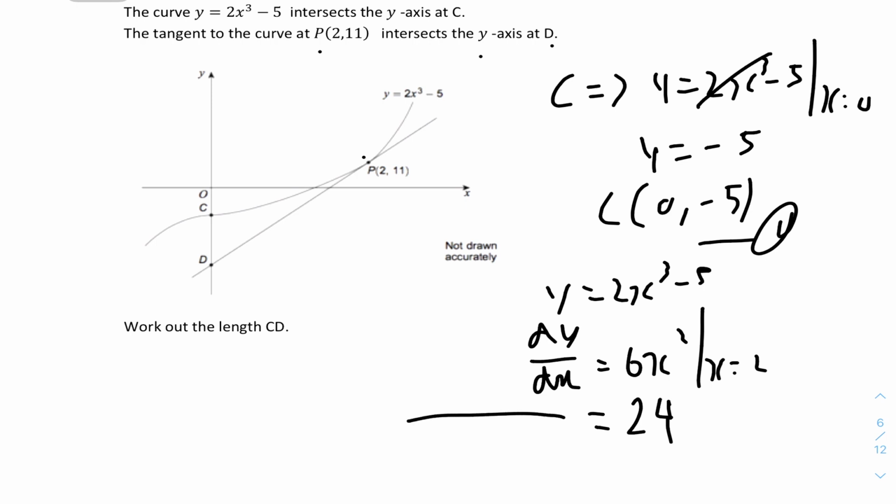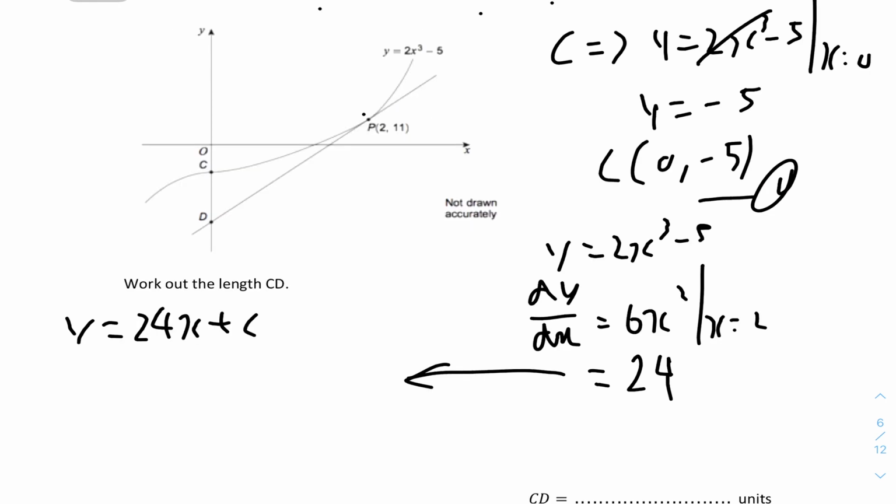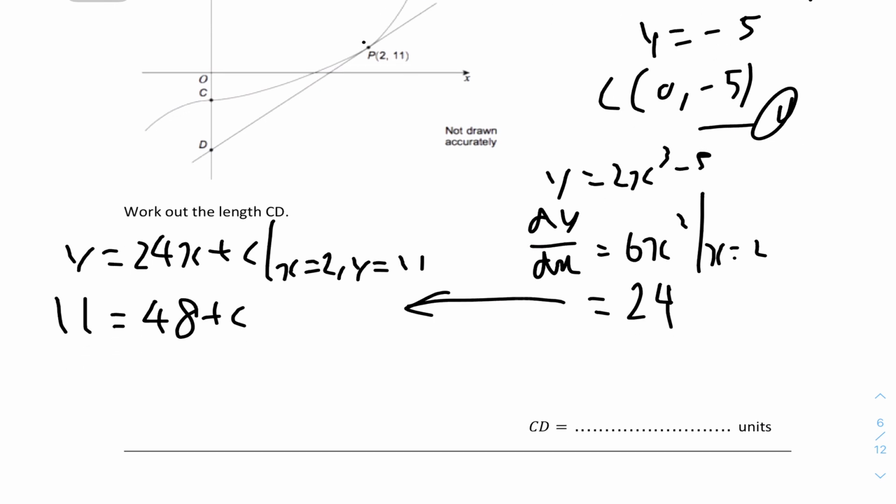So we have another equation: y equals 24x plus c, where x is 2 and y is 11 to find the c value. So 11 equals 48 plus c. Therefore you subtract 48 from both sides to get 11 minus 48, which is minus 37. So c equals minus 37, and y equals 24x minus 37.